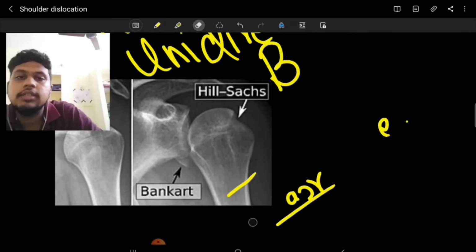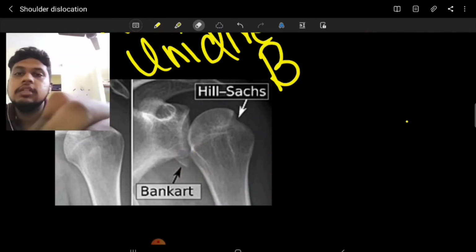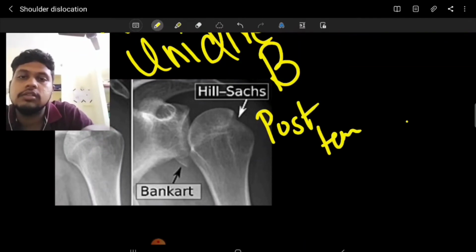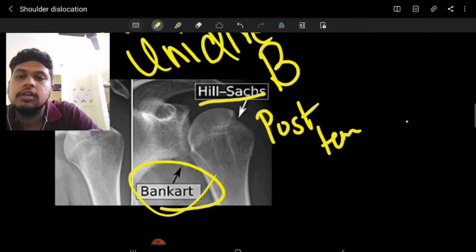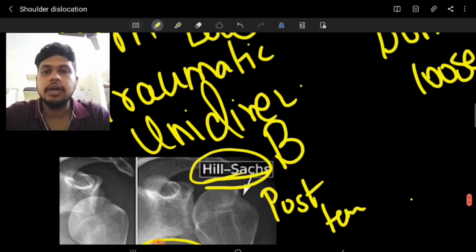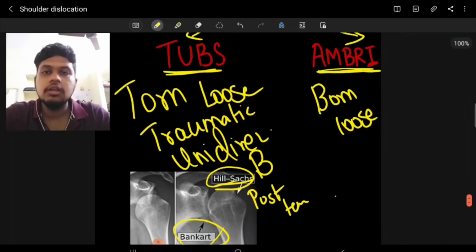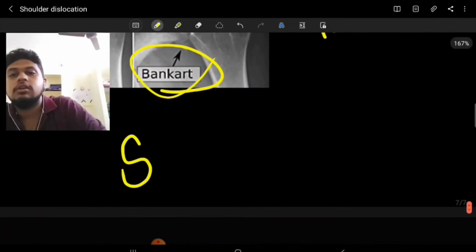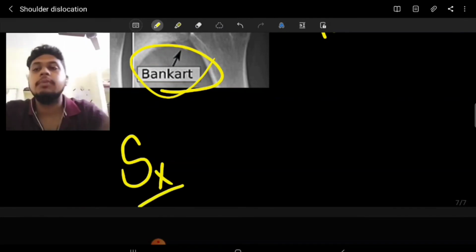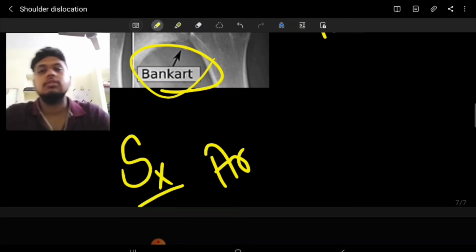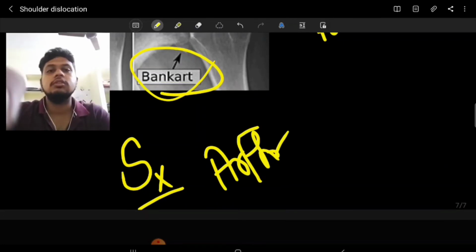And also the Hill-Sachs lesion, which is the lesion in the posterolateral component of the head of the humerus. This is Hill-Sachs and this is Bankart. This is very important for NEET PG and NExT kind of competitive exams. And what is the treatment in case of TUPS? Surgery, arthroplastic surgery, is the treatment of choice.